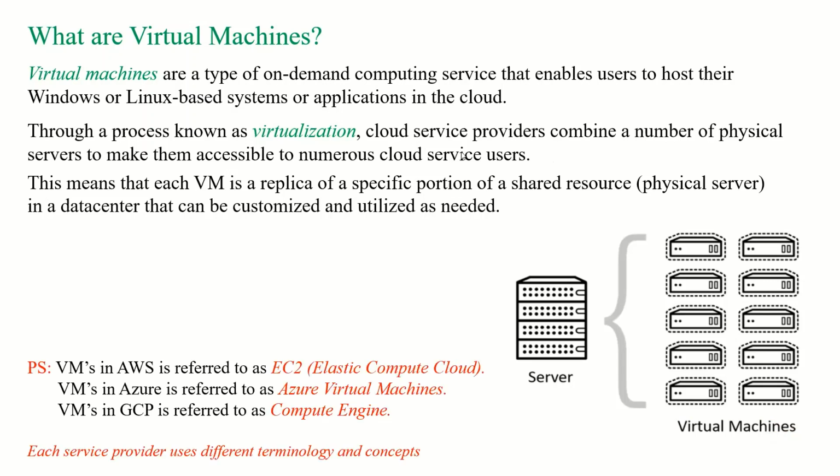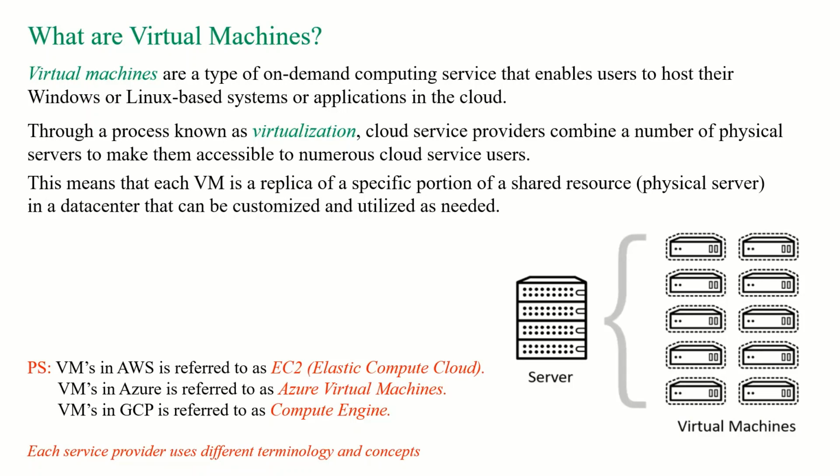Here, the virtual machines. AWS offers virtual machines and calls them EC2, Elastic Compute Cloud. In Azure, they are referred to as Azure Virtual Machines. In GCP, Google Cloud Platform, the same virtual machines are referred to as Compute Engine.